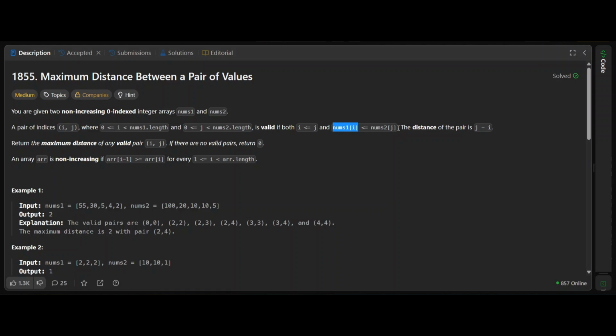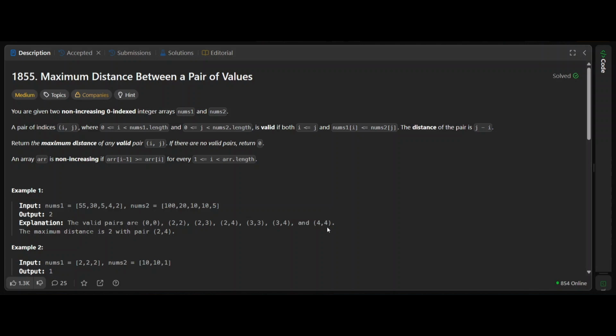These are just variables; you can take variables as per your preference, but these are easy since they are very small. So that's it. Let's try to understand how we can approach this problem.